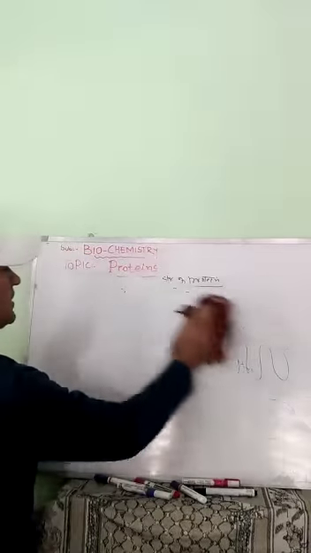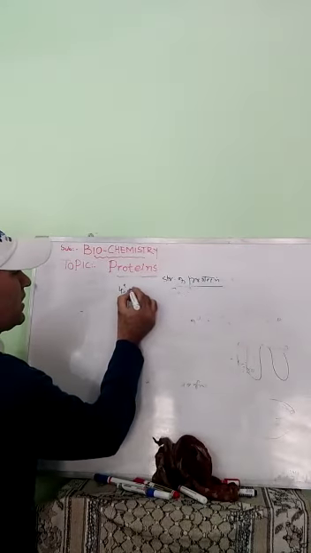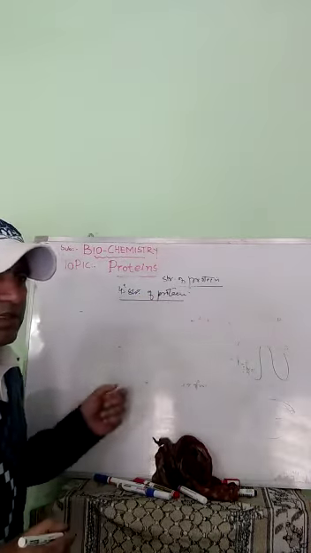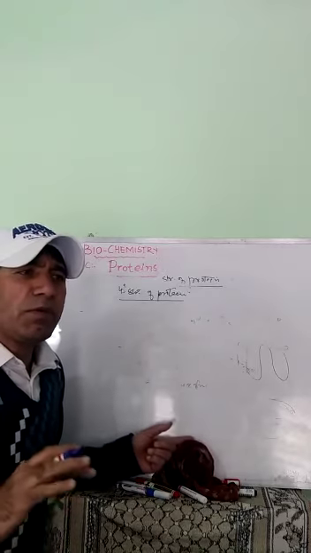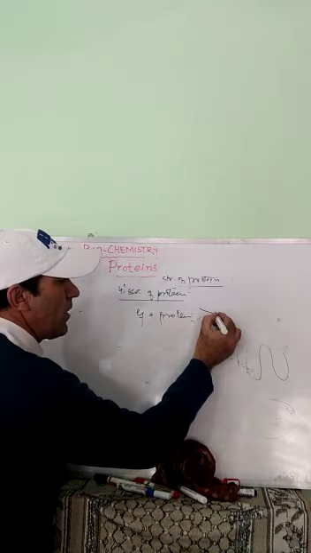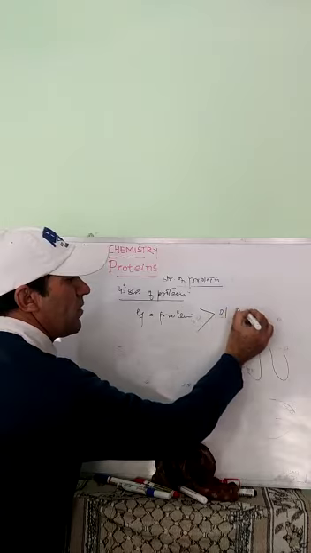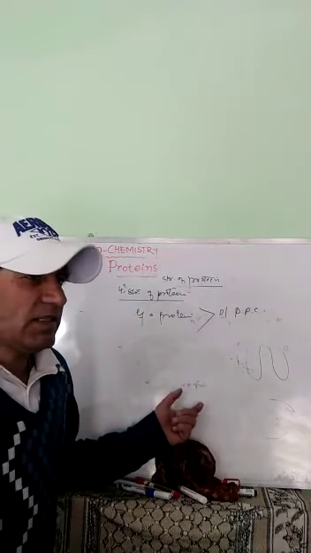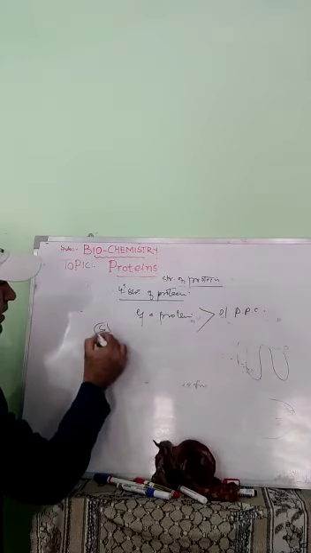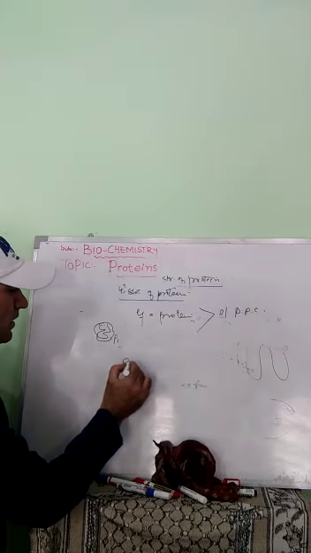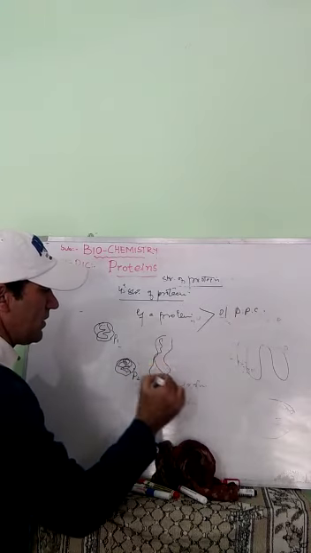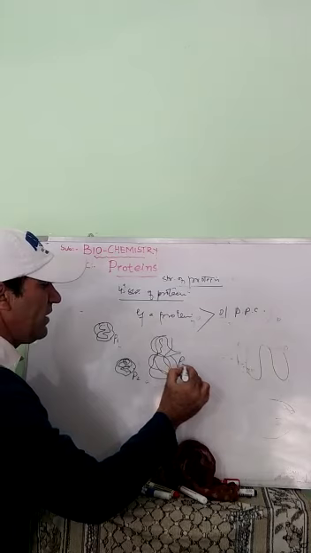Now coming to the quaternary structure of proteins. This is the fourth structure. If a protein is made up of more than one polypeptide chain, such a structure is known as quaternary structure. For example, this is polypeptide first, this is polypeptide second, and this is polypeptide third.